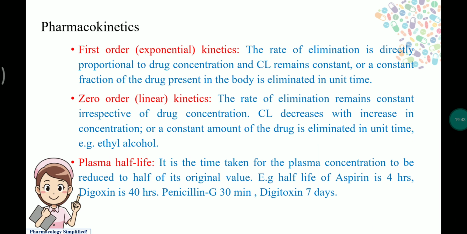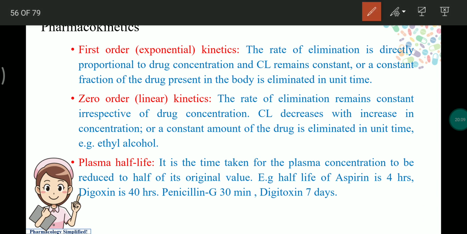Coming to first order kinetics. Kinetics means the measure of movement of the drug inside the body. First order kinetics is exponential. The rate of elimination is directly proportional to drug concentration and CL remains constant, or a constant fraction of the drug present in the body is eliminated in unit time. So let us see here.